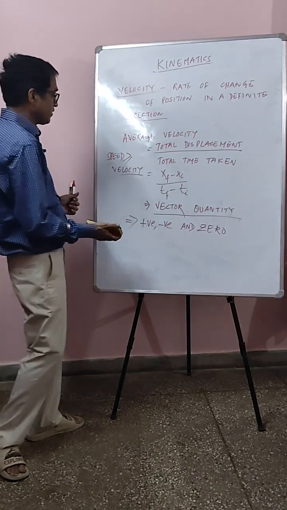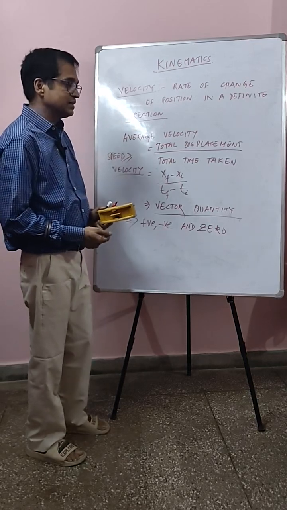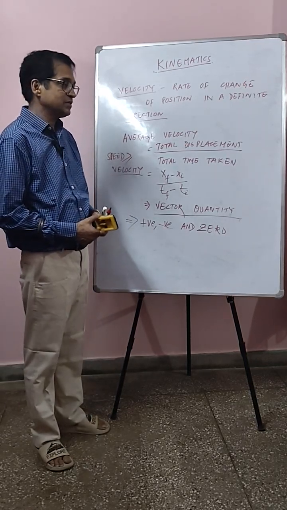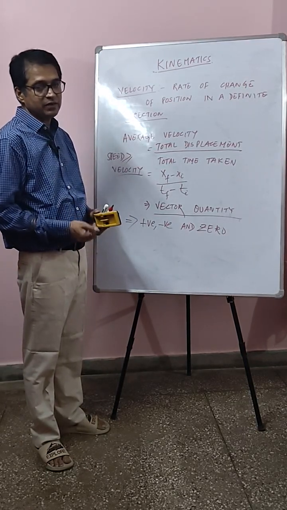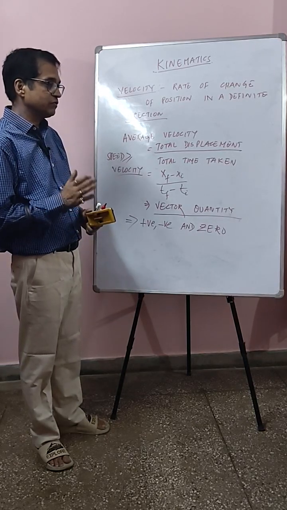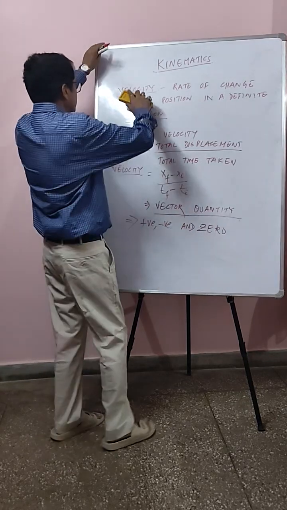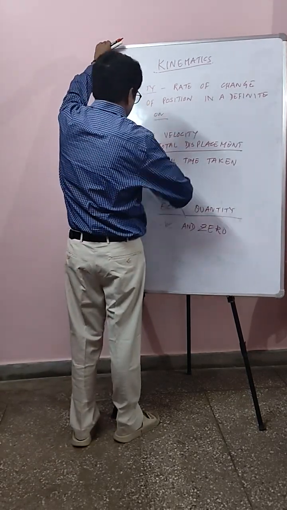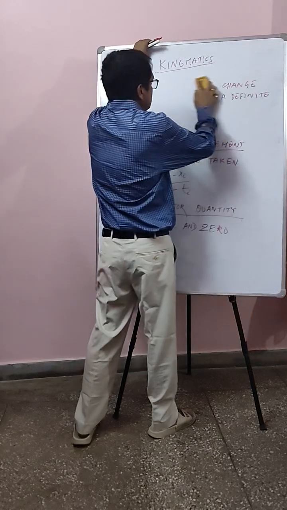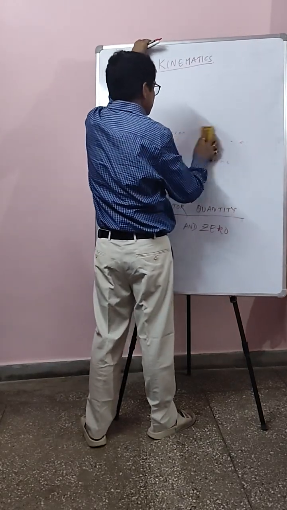Now we have defined distance, displacement, speed, and velocity. Now we are going to define what is instantaneous speed and what is instantaneous velocity. First we'll define instantaneous velocity.